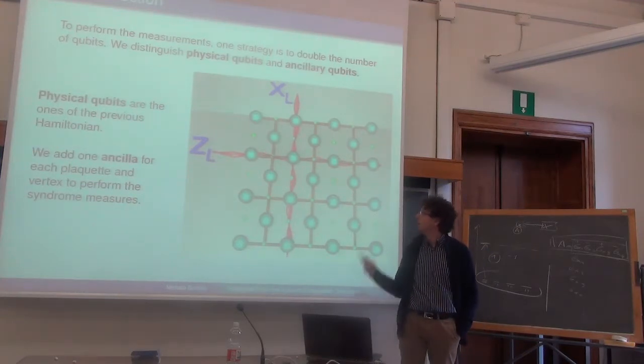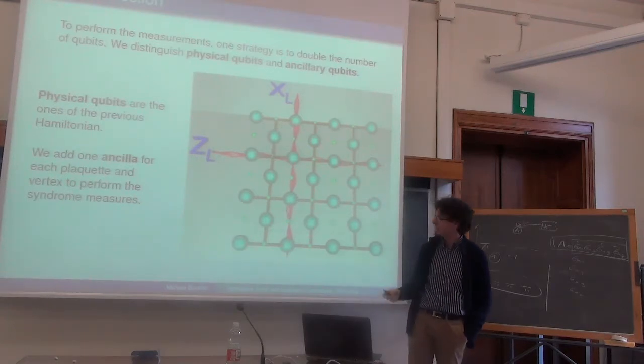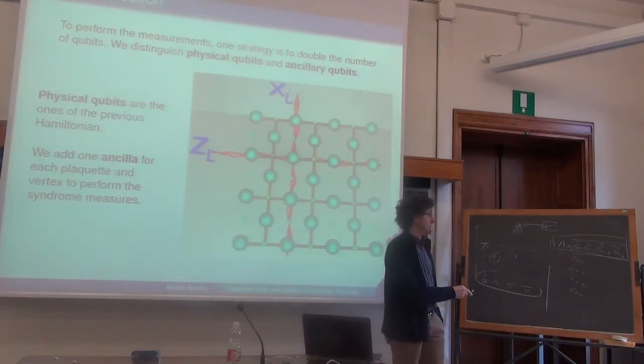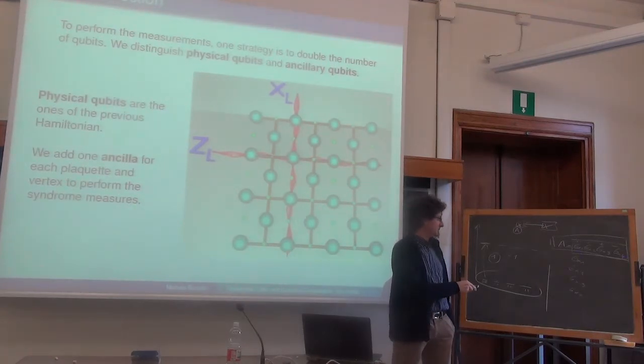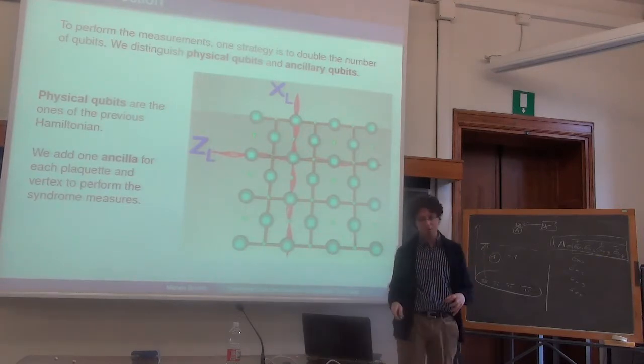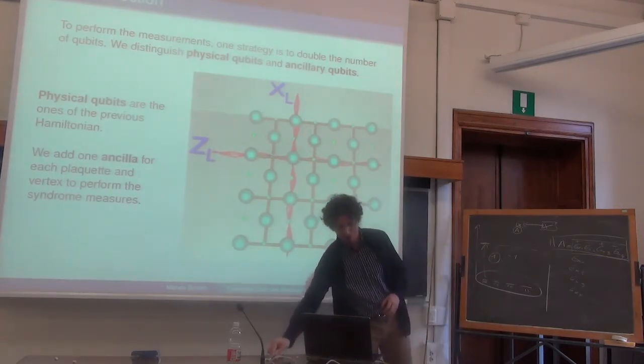And through these ancillas, we will now see that it is possible to perform these measurements by applying only 2-qubit gates, not by considering the product of 4 different spins.